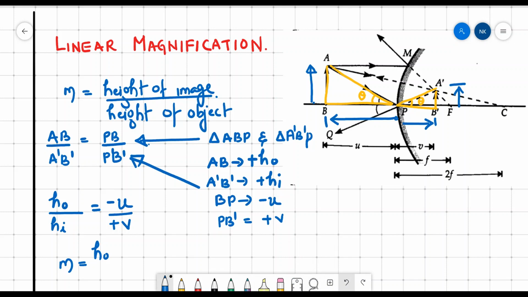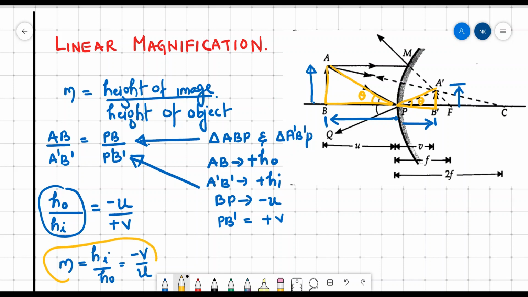Linear magnification was equal to height of image upon height of object, so this is the reciprocal of M, isn't it? So M equals HI upon HO, that equals minus of V by U. That gives our final result.